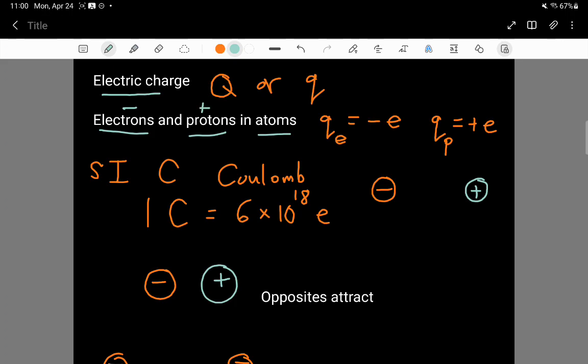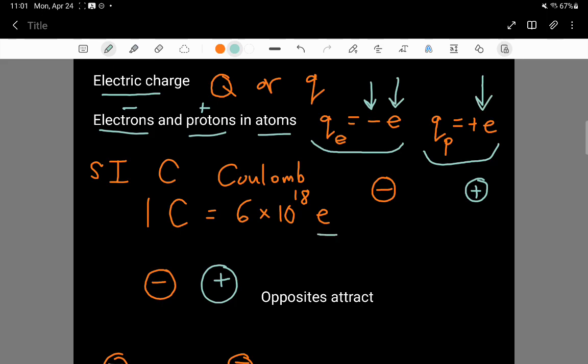So the charge of an electron has the value negative e, where e is a fundamental unit of charge. And it's a standard thing. So the charge of the electron is negative e, and the charge of the proton is positive e, right?